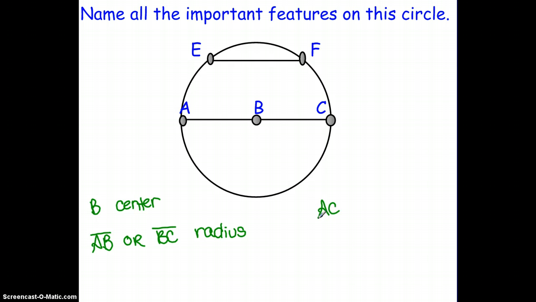If I did AC, that happens to be a line that goes all the way across the circle from one side to the other and goes through the center. That means that's a diameter. Because it goes from one side of the circle to the other, it could also be called a chord, but this happens to be one special chord that only happens once in the circle.